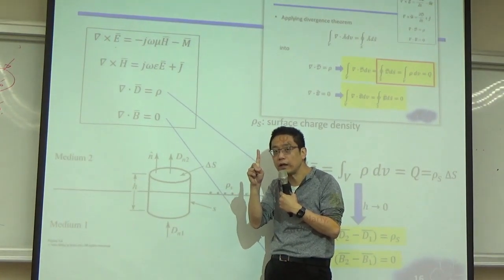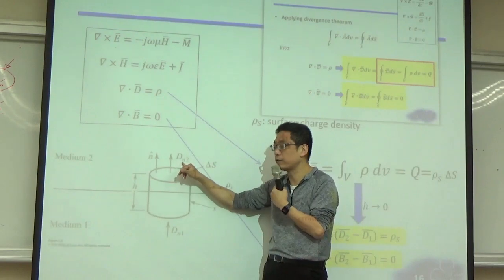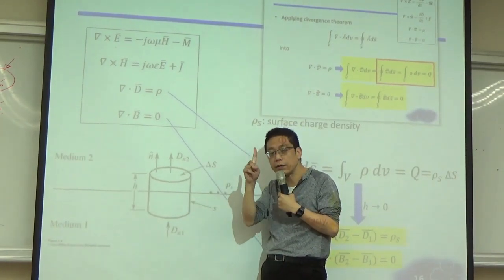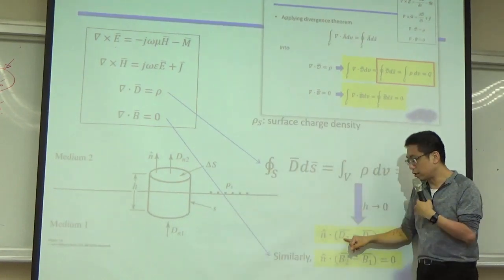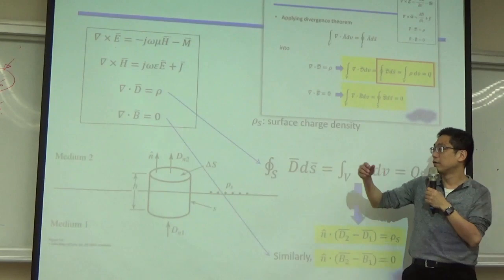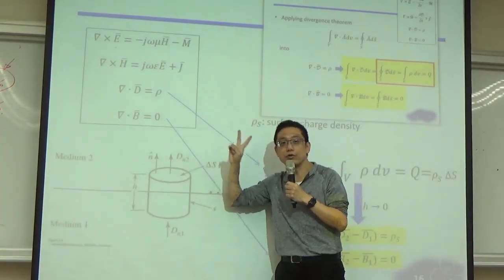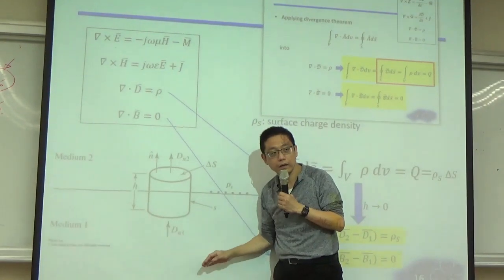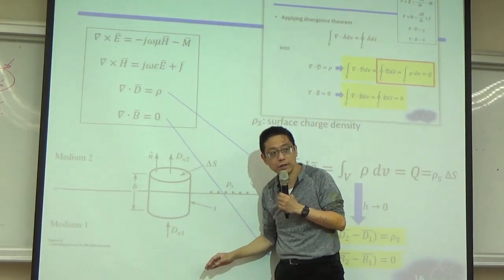Any notations have a meaning. n2 means this direction, d2 means all the d2 here. 2 means medium 2, 1 means medium 1. Now, you get it?